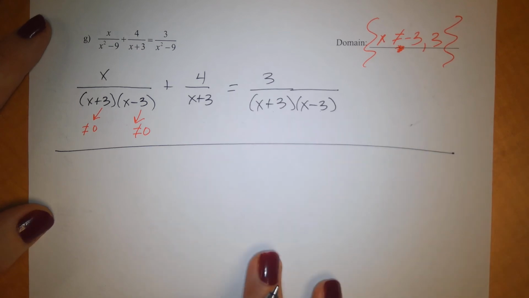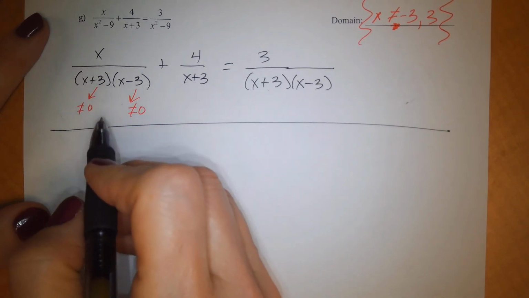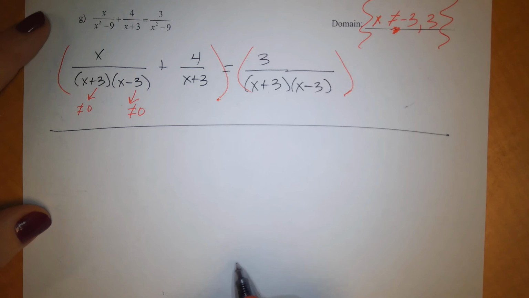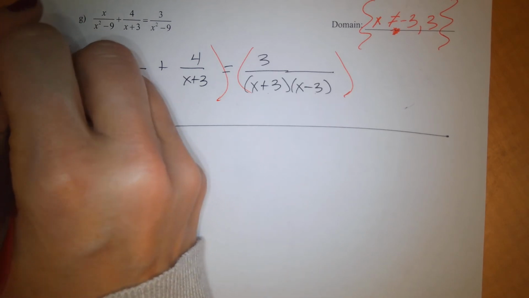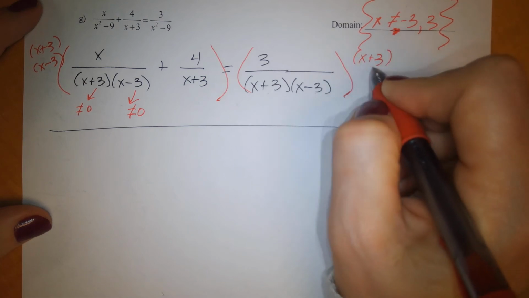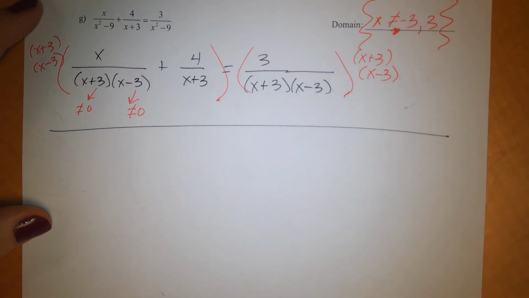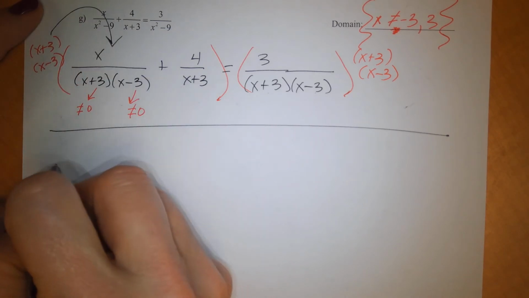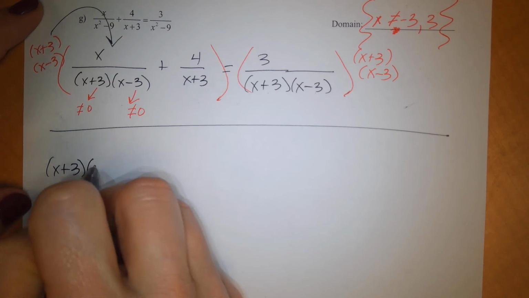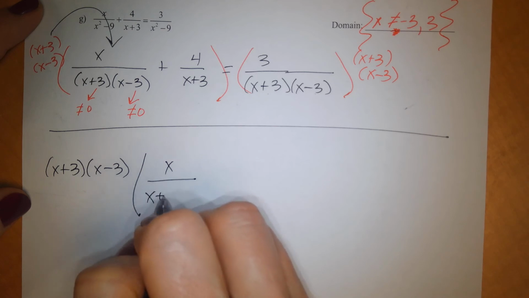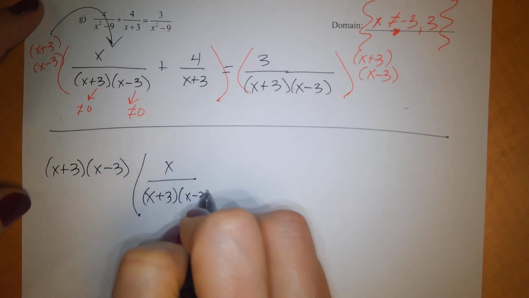Once we found the domain, then we can go ahead and solve. To solve, we would find the common denominator. I'm going to multiply both sides by the common denominator, which in this case is x plus 3 times x minus 3. Multiply this side by x plus 3 and x minus 3. So you can see when we distribute that into the first part, we have x plus 3, x minus 3, times x over x plus 3, x minus 3.